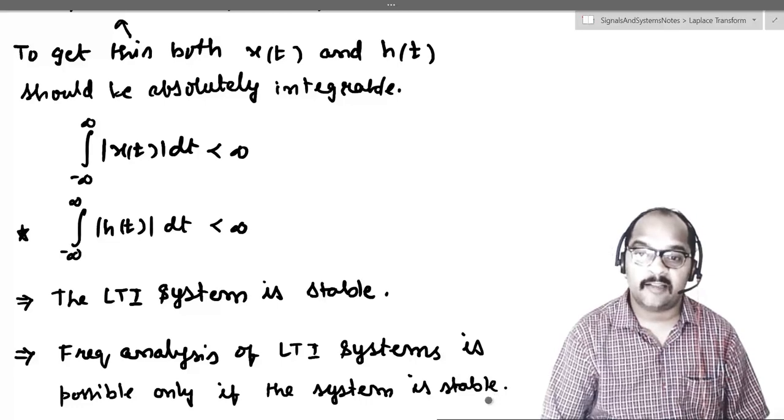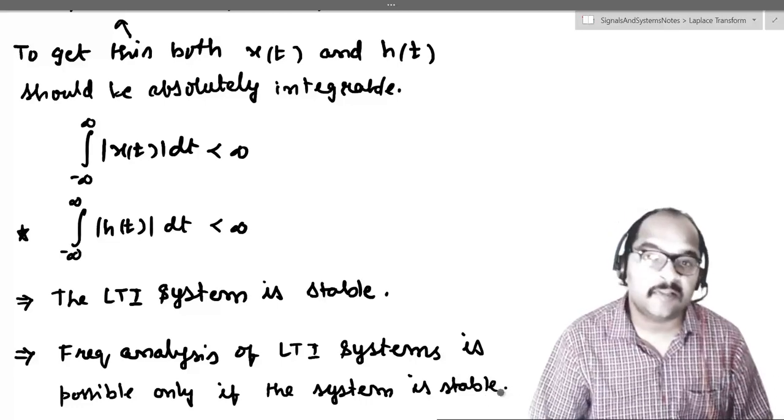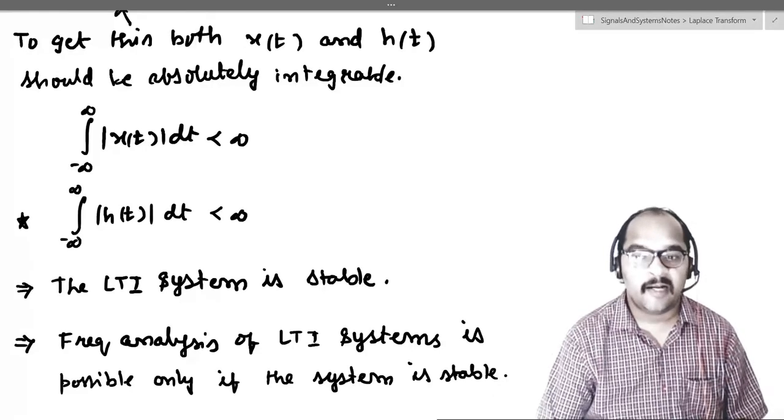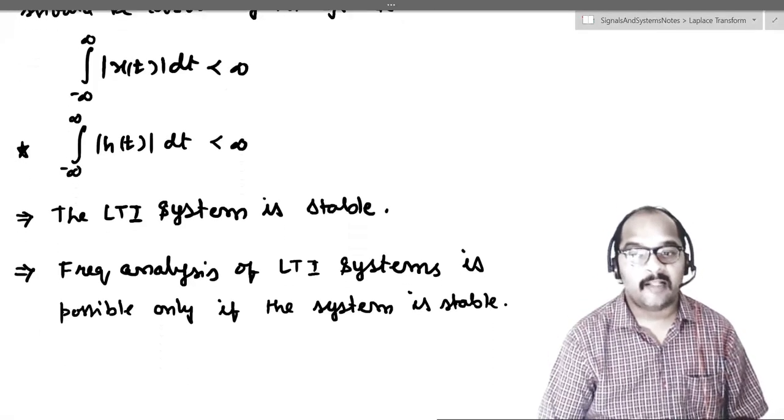Now the question arises: what happens if the system is unstable? If the system is unstable, Fourier transform will not help, and hence we have to go to another transform.